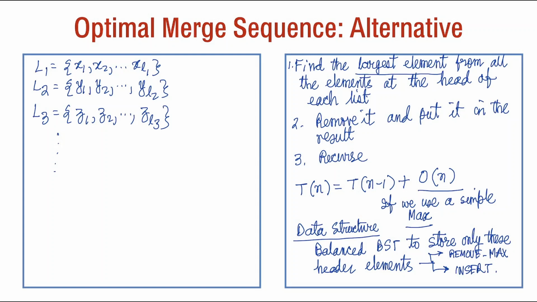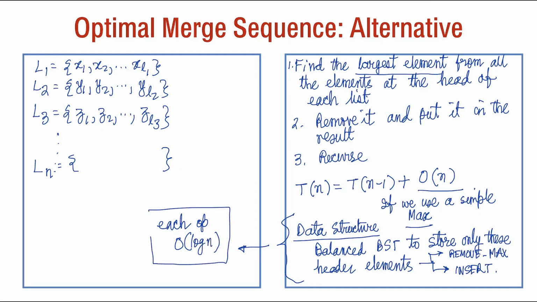And we can show that this data structure, if we use a balanced binary search tree, and we all know that there will be L(n) such lists, this n may be much smaller than the total number of elements. It may be the same as the total number of elements in the worst case. Each operation can be done in order log n time if we use a balanced binary search tree.